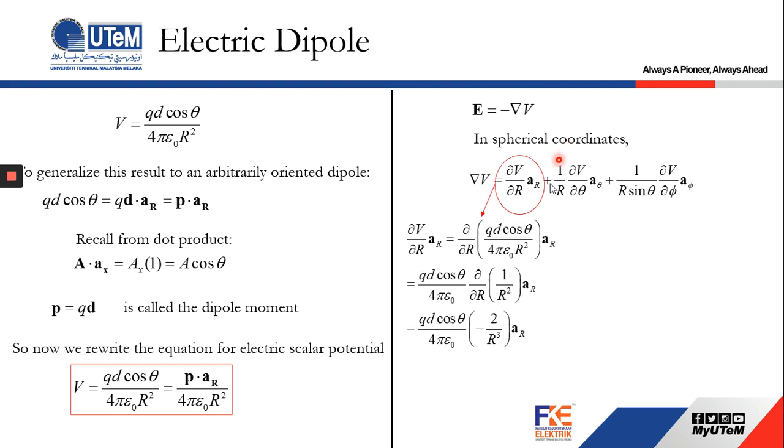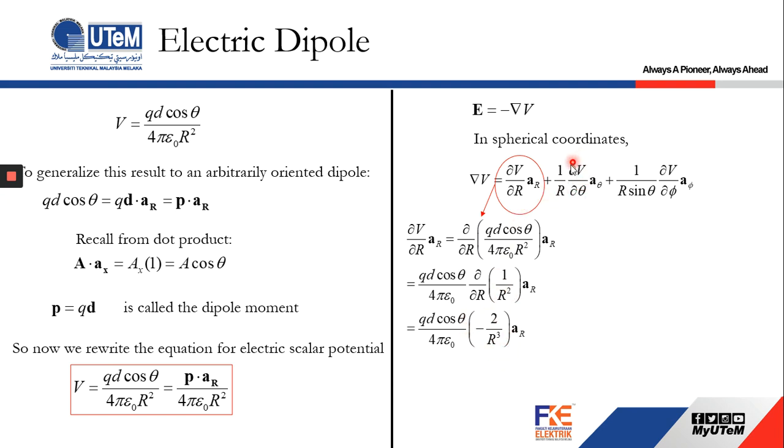So for the first part, since we only need to differentiate over the radius r, all the other variables become a constant, so we can take them out. And when we differentiate, we get the answer as negative 2 over r to the power of 3.